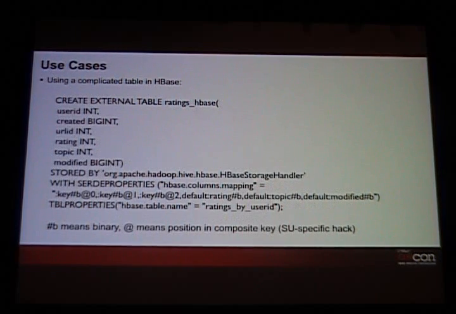Now a more complicated table. This is the ratings table in HBase. This is all the ratings of all the users, of all the web pages they've seen. So we have normal stuff: user ID, created, URL ID, rating, topic, and modified. Again, STORED BY HBase. And then we have this very alien syntax here.